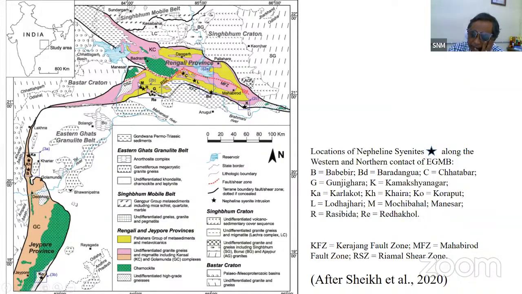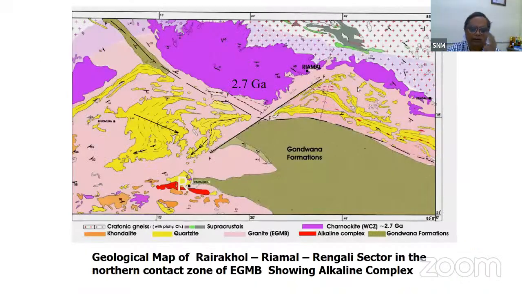Then you can see here our Raighar sector, and this part is mostly the Borodangwa and the east sector that has been reported now, that is Chakpar. This is one geological map of the Rairakhol, Riamal, Rengali sector, where you can see one major alkaline complex marked in red, near Rairakhol.